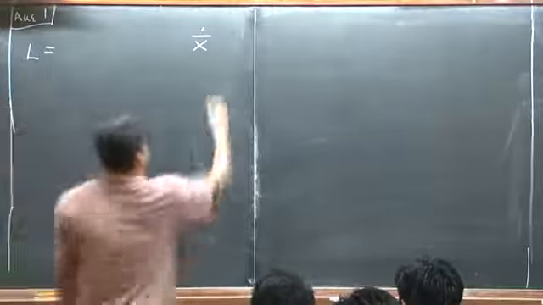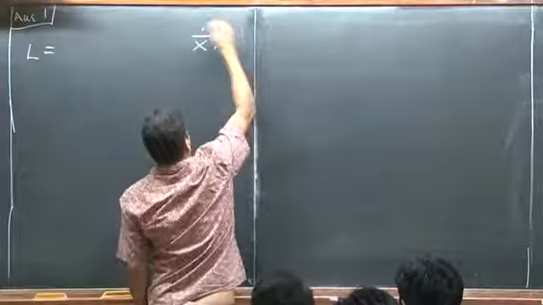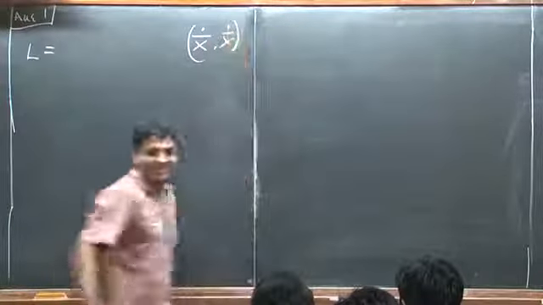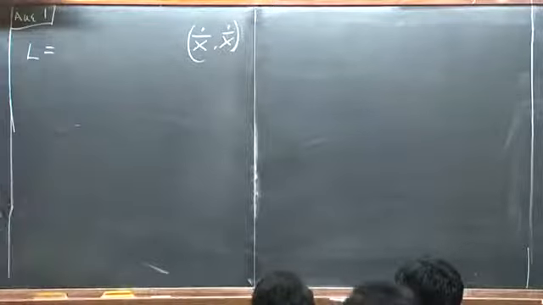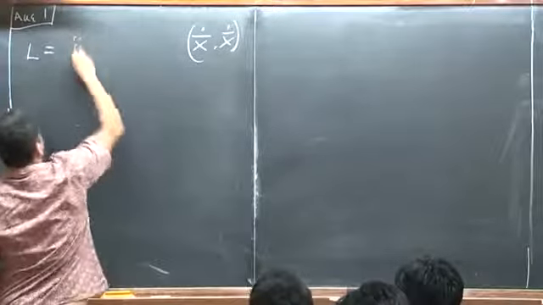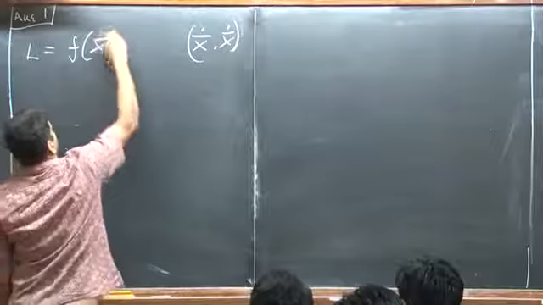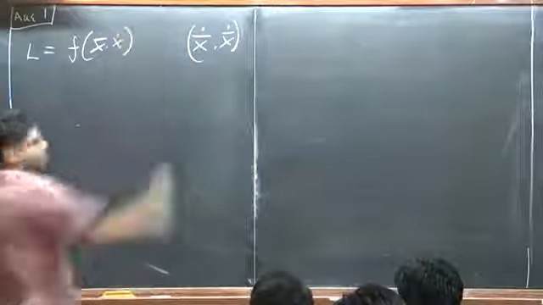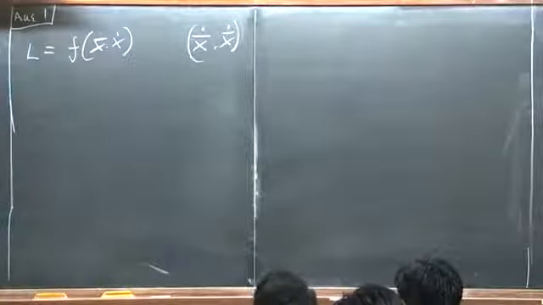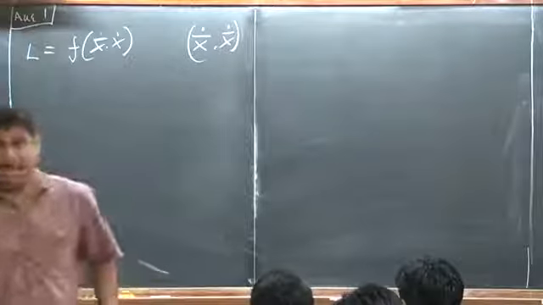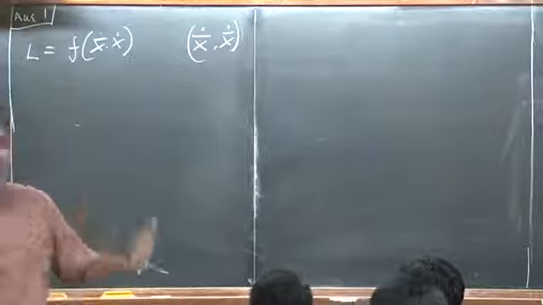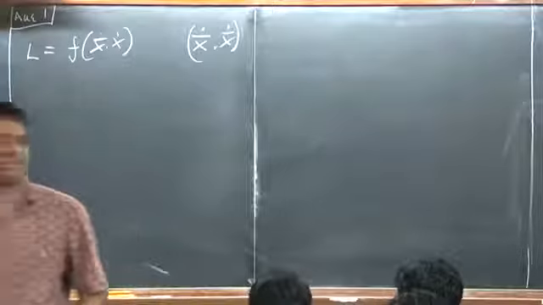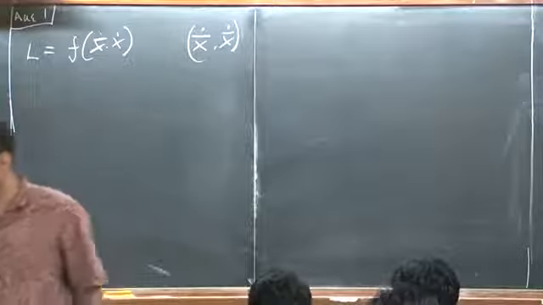Then we wanted rotational invariance, so this was going to be a function of x dot squared. So we said, well, the most general Lagrangian would be some function f of x dot times x dot. Now, translation invariance and rotational invariance are all satisfied with such a Lagrangian.